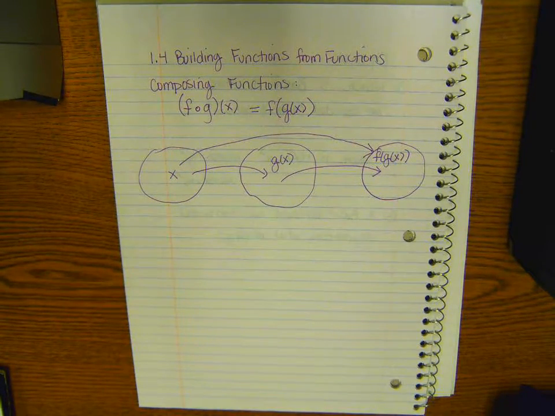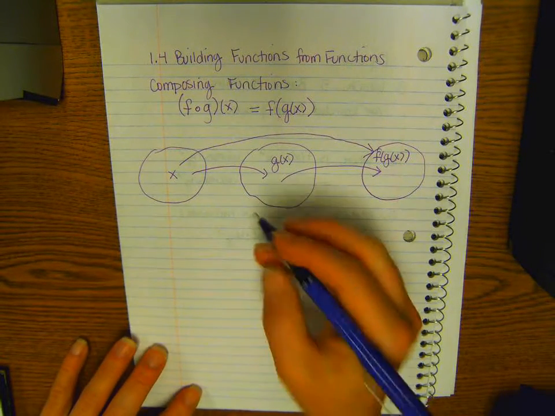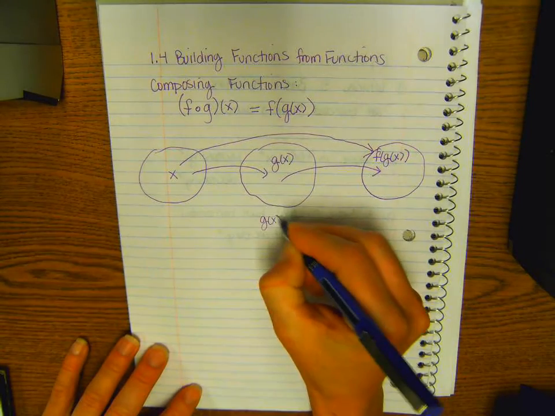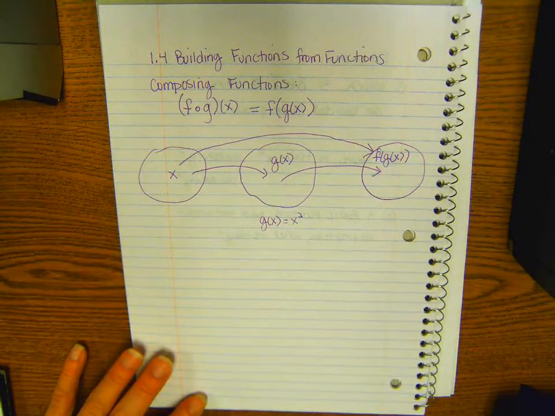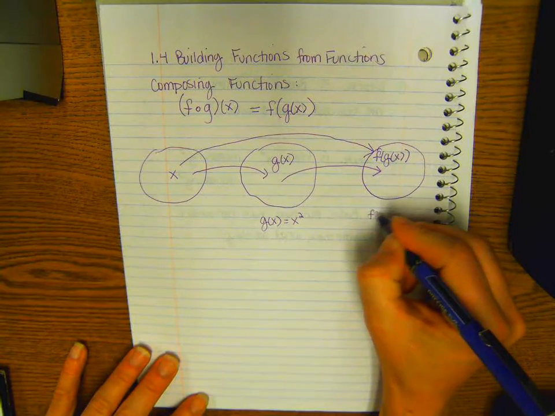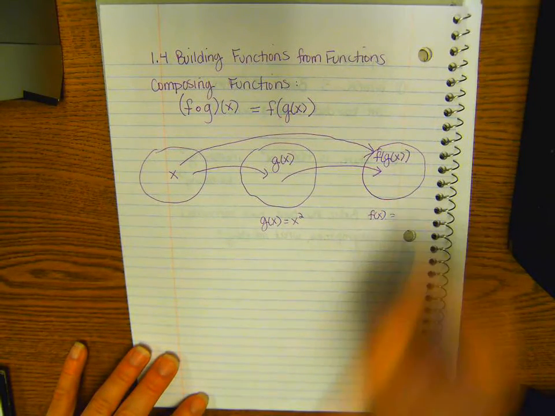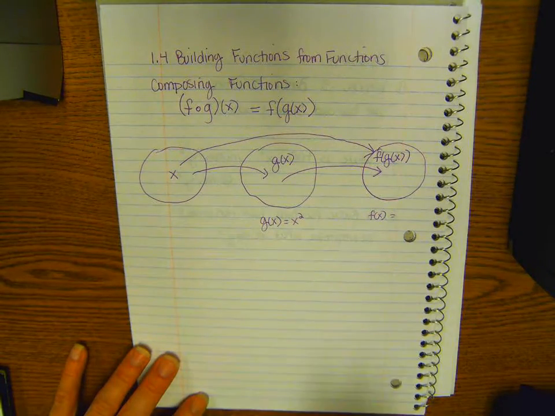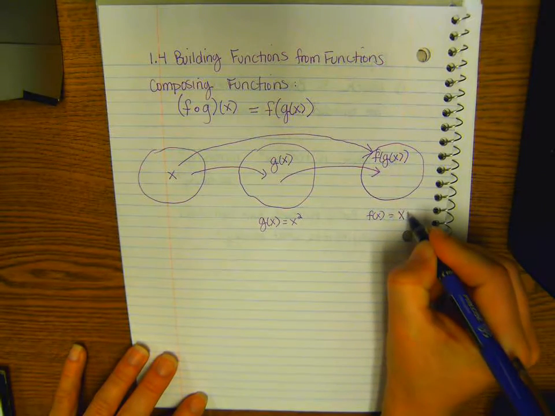Okay. So, let me think of a function. I said x squared. Let's just play around with this a little bit. Let's say g of x was x squared. And let's say I said f of x is x plus 5. Okay.